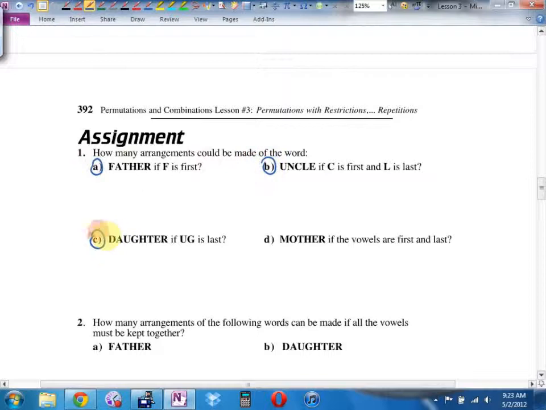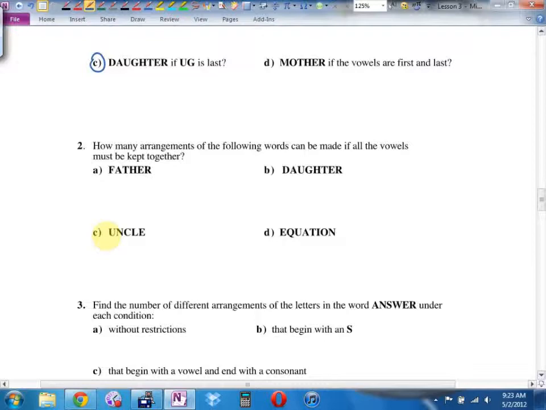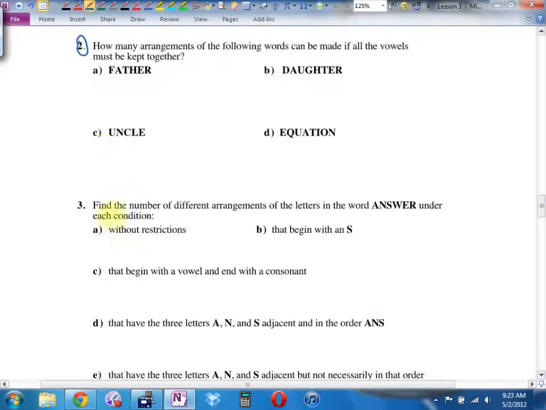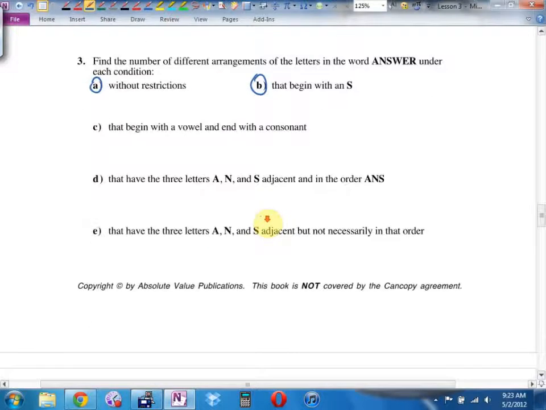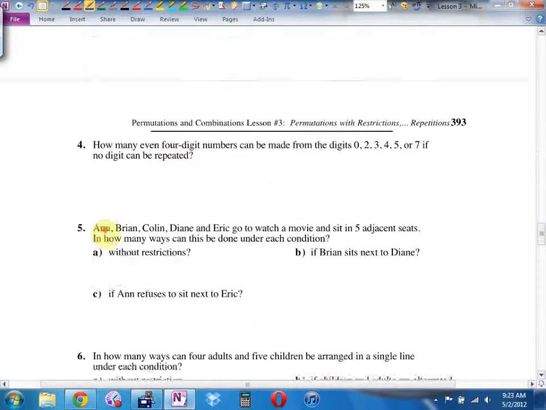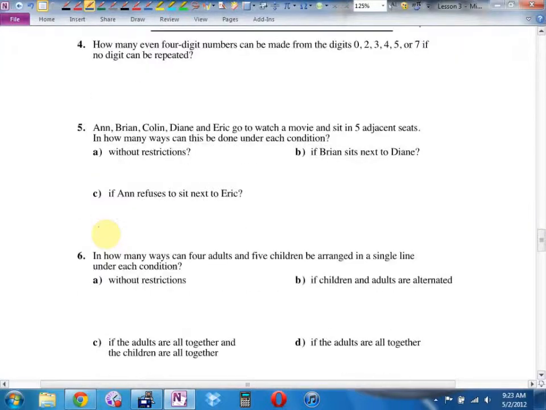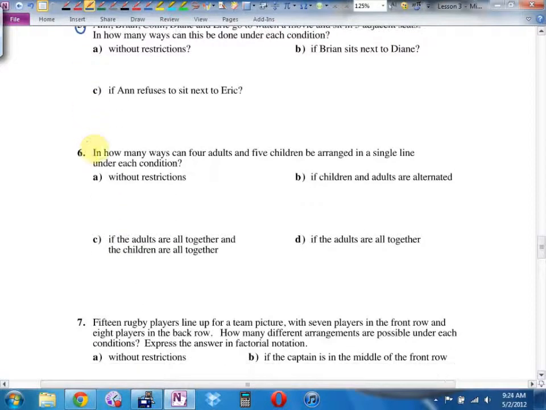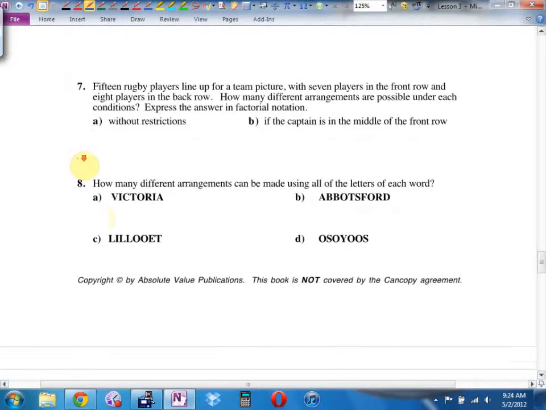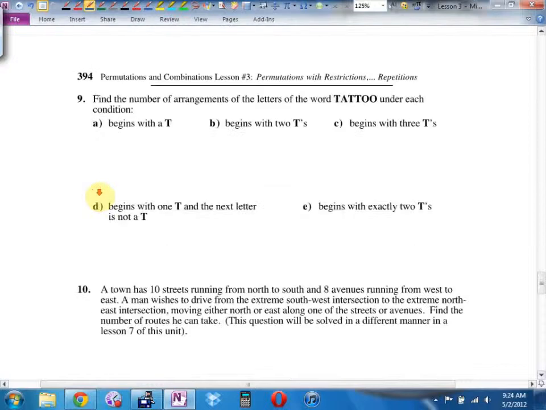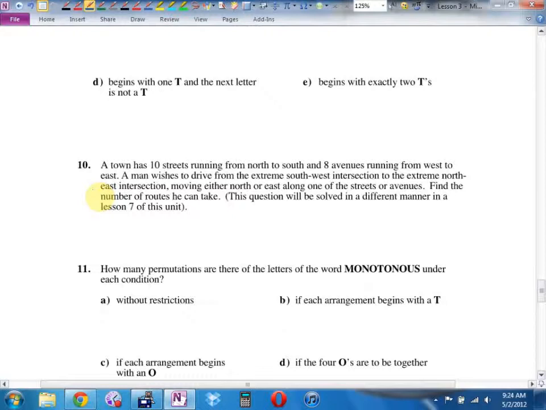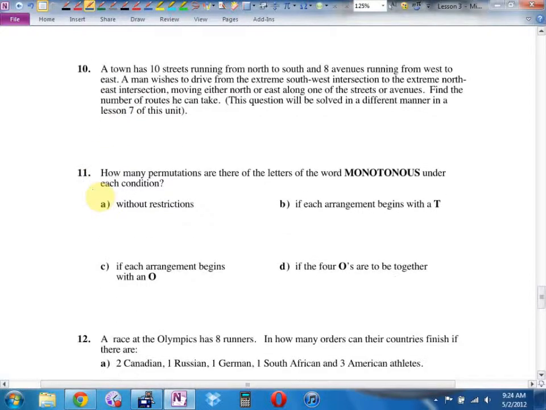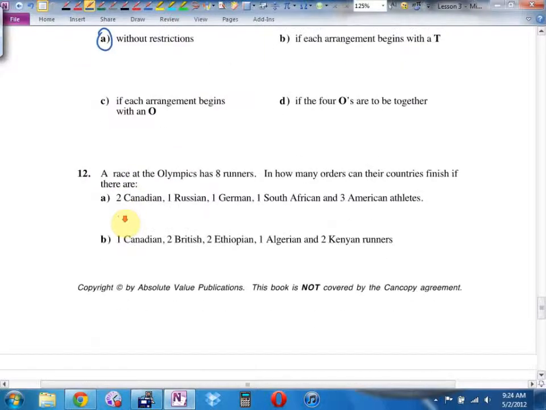1A, B, and C, those are fair game. Two is fair game. 3A and B. D and E. So skip C. Five is okay. 6 is okay. 8A. 12.